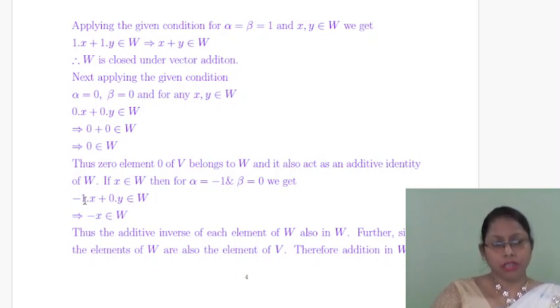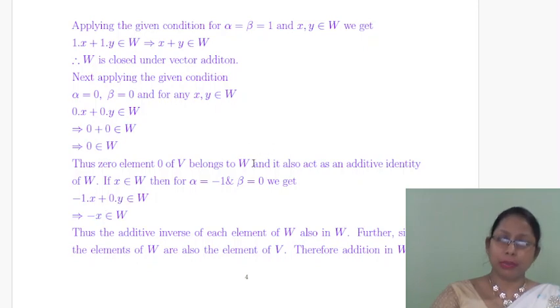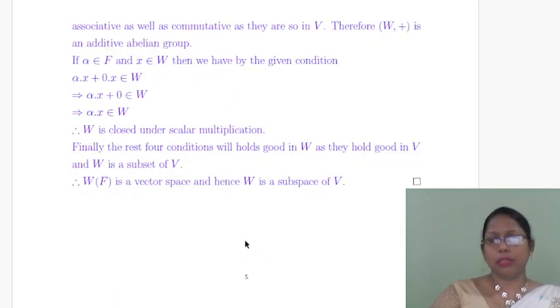Then -1 x plus 0 y belongs to W, so minus x belongs to W. By putting this in the given condition, we get minus x belongs to W. That means the additive inverse of any element of W belongs to W. Further, elements of W are elements of V. Therefore, addition in W is associative as well as commutative, as they are associative and commutative in V. Therefore, W under plus is an additive abelian group.